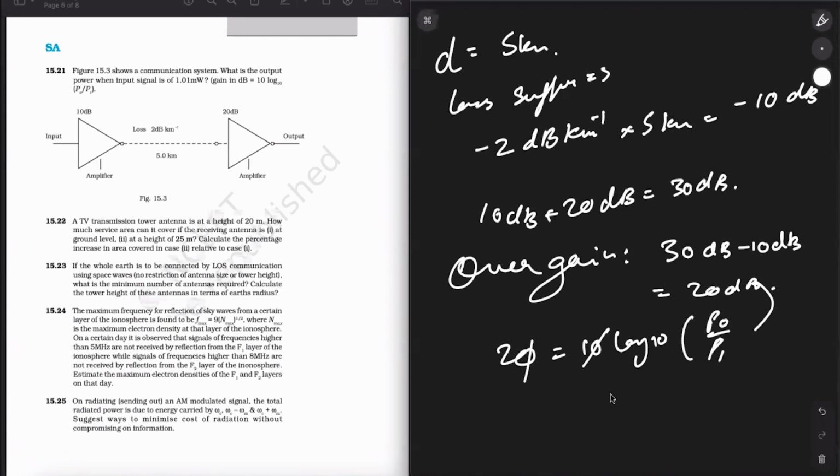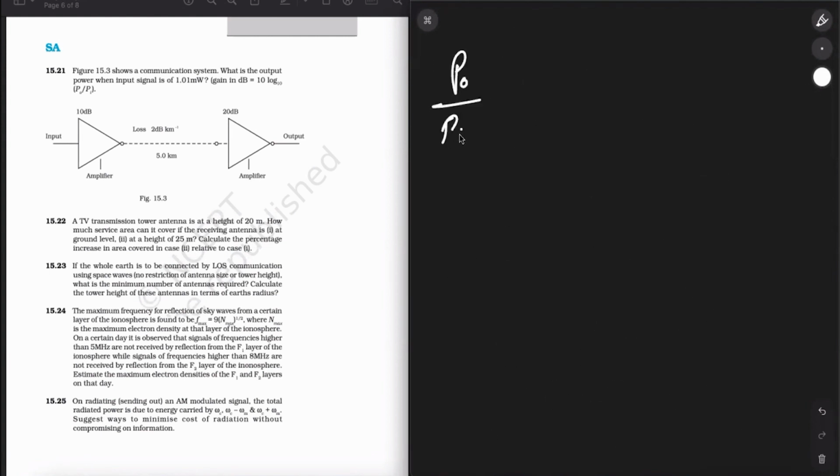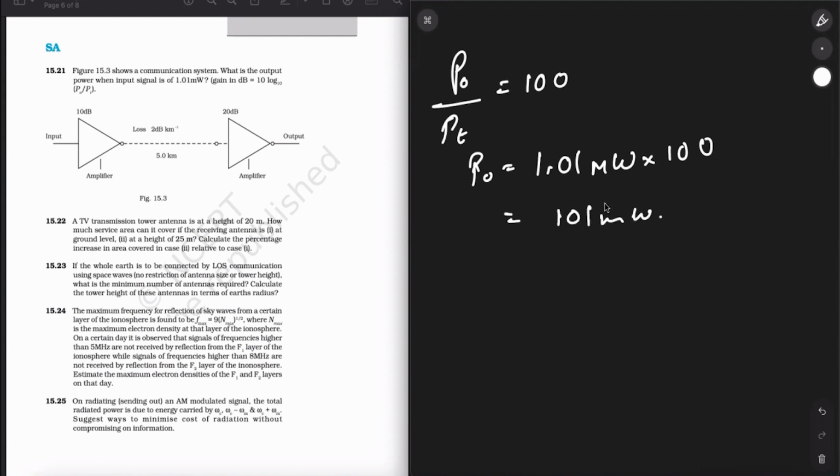So log base 10 of P0 upon Pi is equal to 2. So P0 by Pi is equal to 100. Therefore P0 will be equal to Pi times 100. So 1.01 milliwatt into 100 will give you 101 milliwatt.